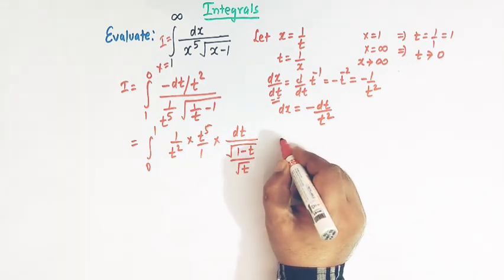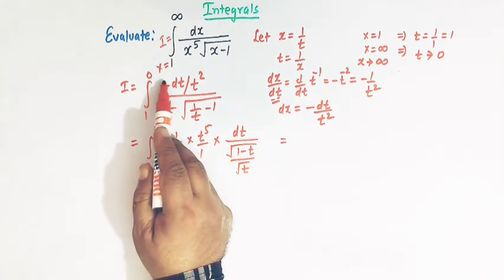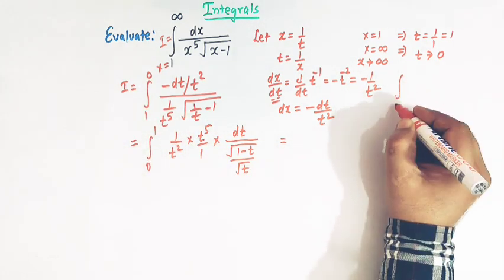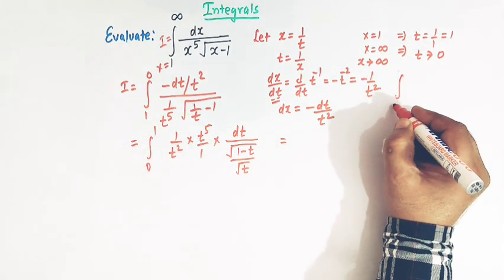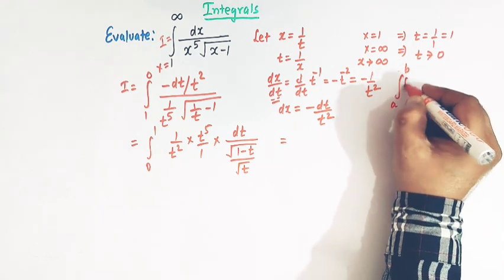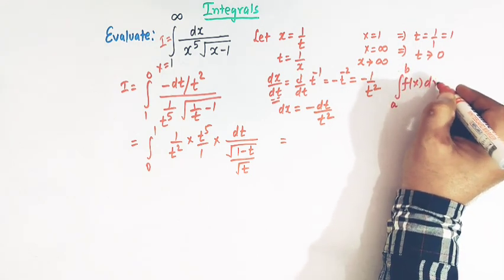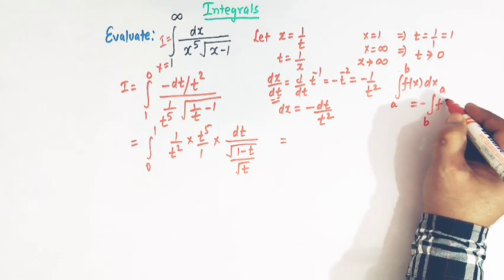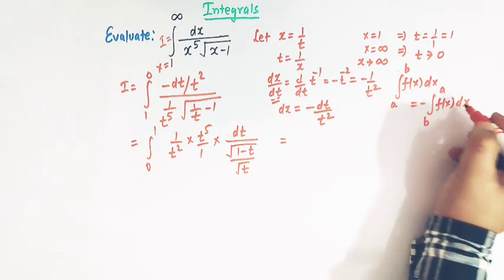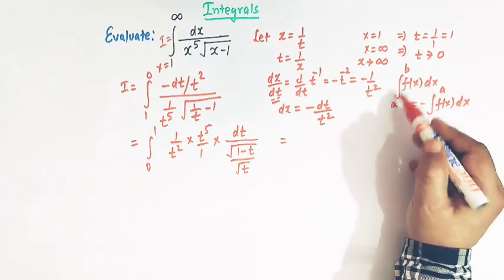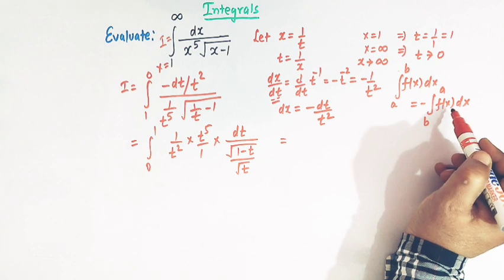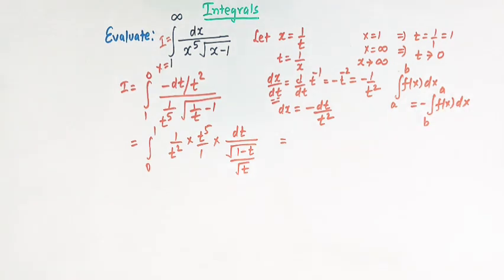We neutralized the negative sign by interchanging the limits, because of the property of definite integrals that integral from a to b of f of x dx is equal to negative of the integral from b to a of f of x dx. So if we interchange the limits, the integral takes a negative sign.